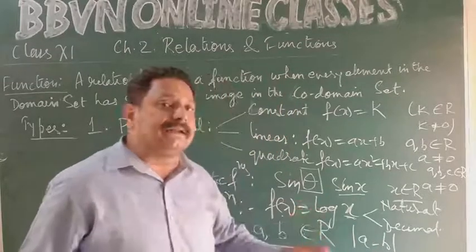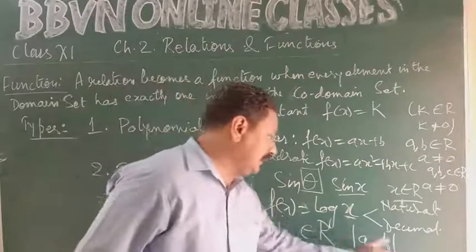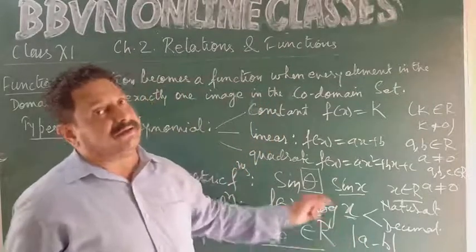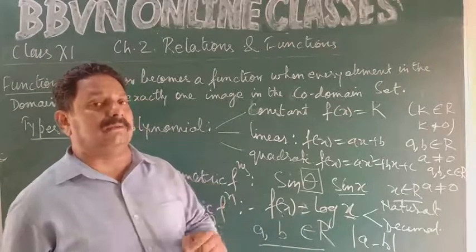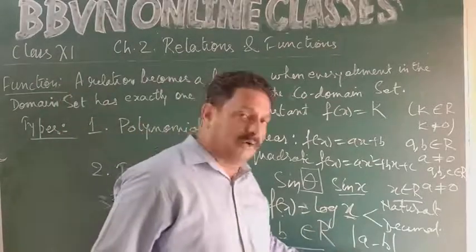To nullify the negative effect, we use this sign of modulus. We make it absolute. So the difference between any two real numbers A and B is represented by mod A minus B.